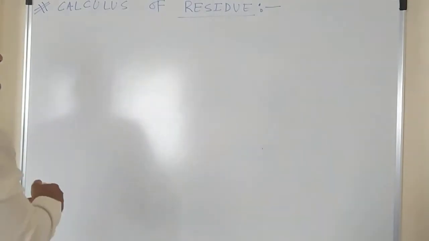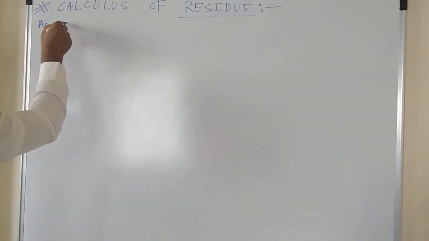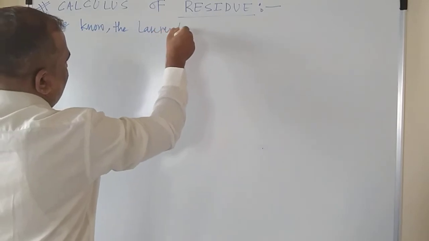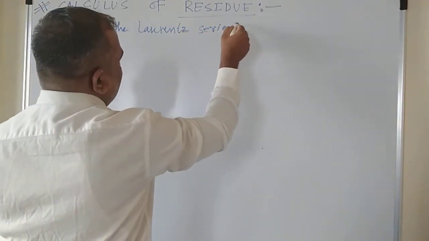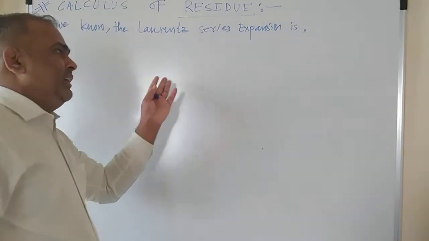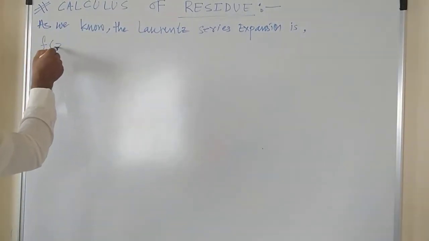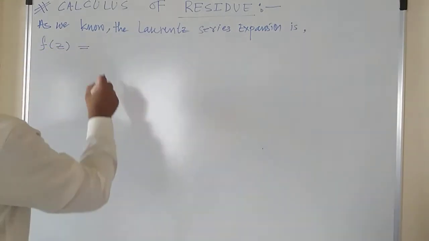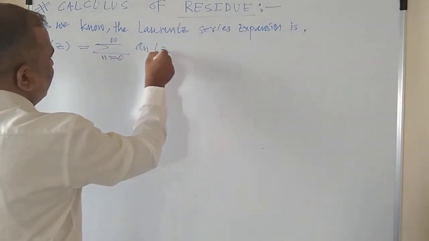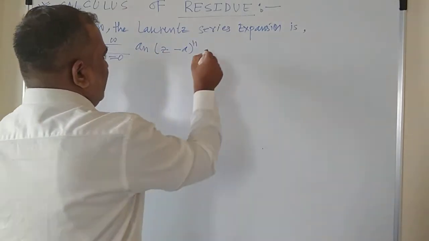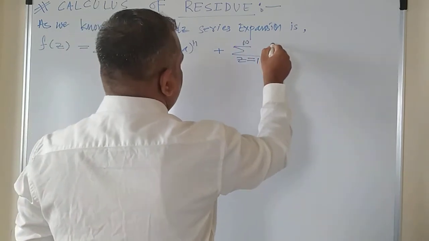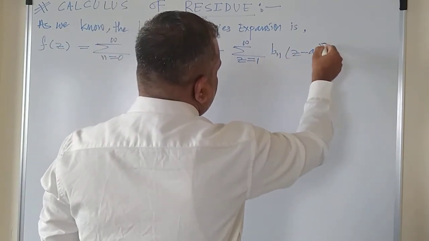So let me write the Laurent series expansion again. As we know, the Laurent series expansion gives f of z equals the summation n from 0 to infinity of a_n into (z minus a) raised to power n, plus the summation n from 1 to infinity of b_n into (z minus a) raised to power minus n.